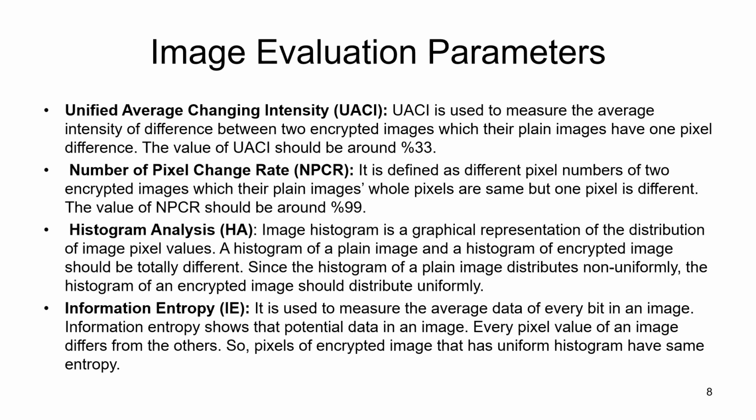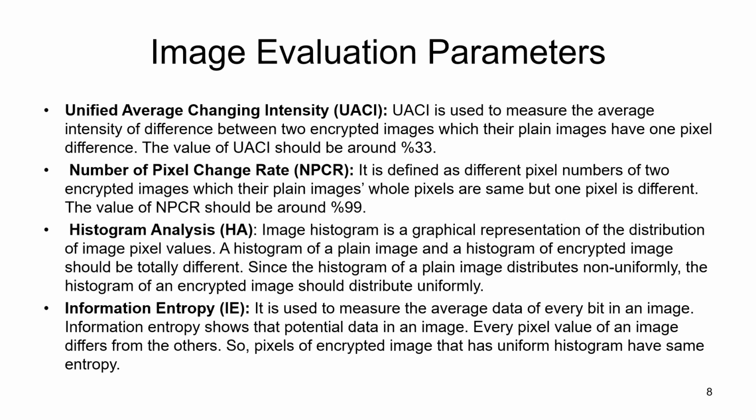Histogram analysis. Image histogram is a graphical representation of the distribution of image pixel values. A histogram of a plain image and a histogram of an encrypted image should be totally different, because the histogram of a plain image generally distributes non-uniformly.